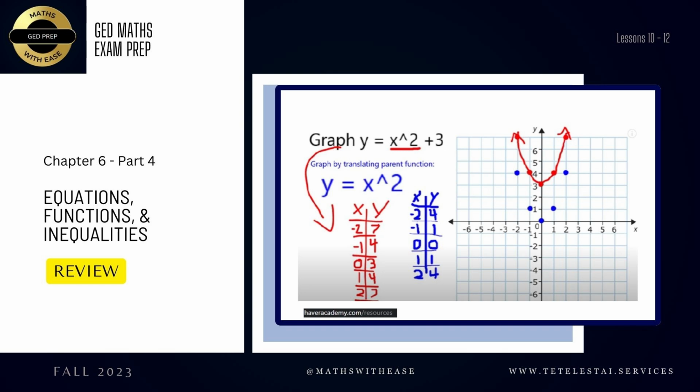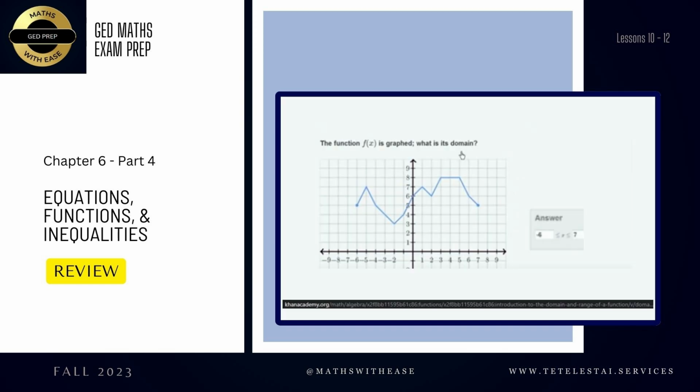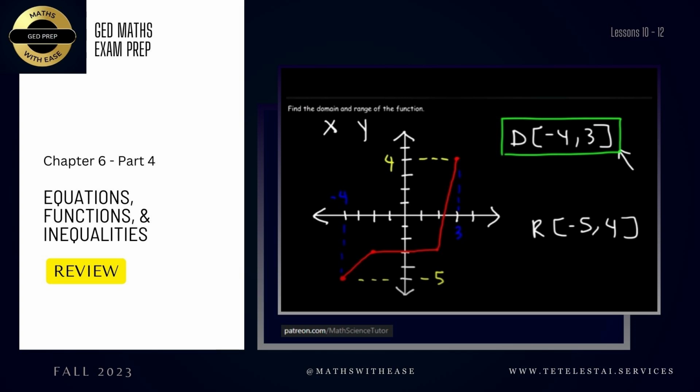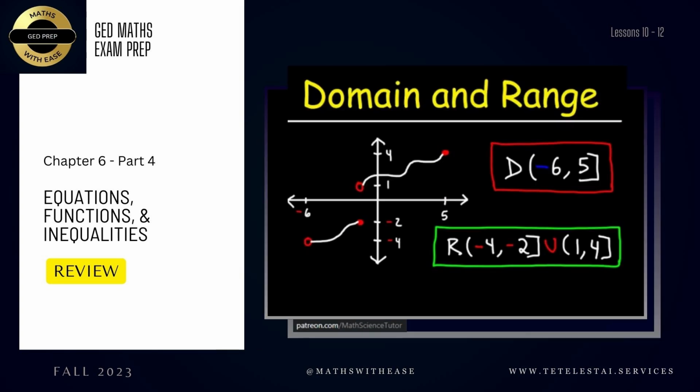If you see arrows at the end of the graph, know that the graph is continuing into infinity. And if you don't see arrows at the end of your graph, like we saw here, or here, or here, you know that your range and your domain stop at certain points along the x and y axes.